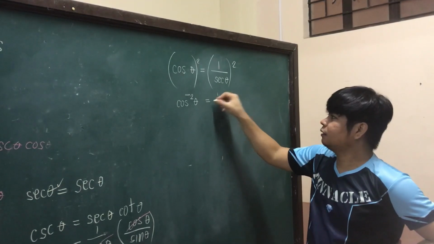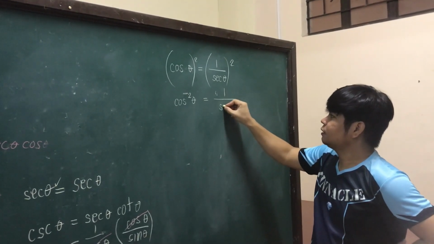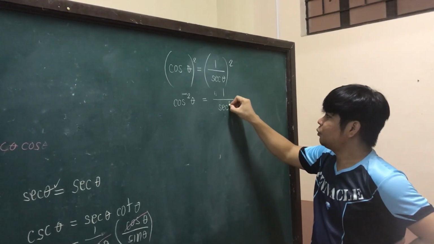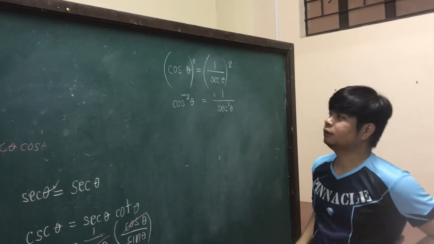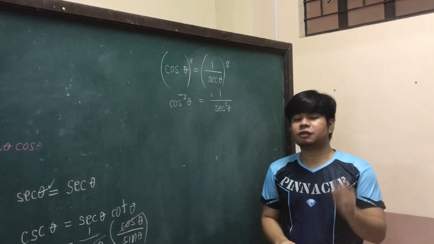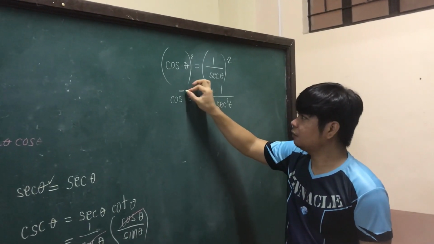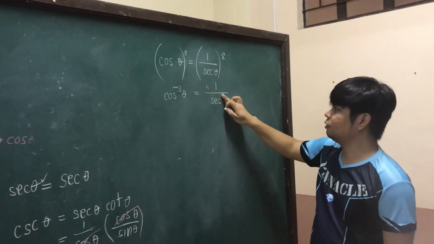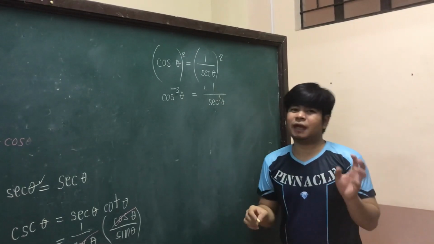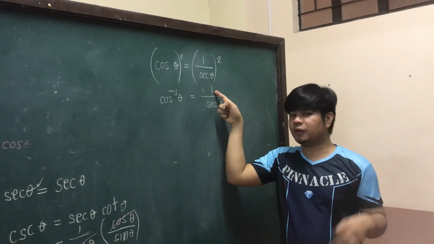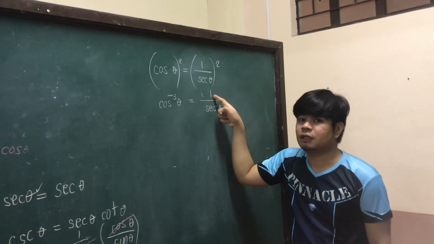And the other is 1 over secant squared. Yeah. So that is the proper writing. So it means to say also, if I let this be 3, this must also be 3. It doesn't give any change to 1 because 1 raised to any number remains to be 1.